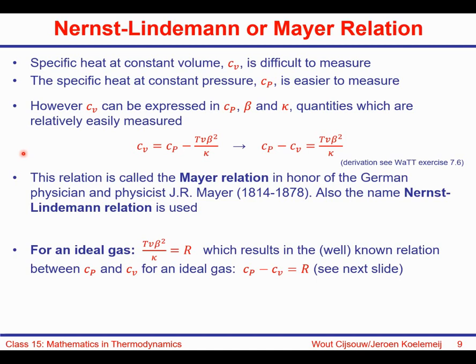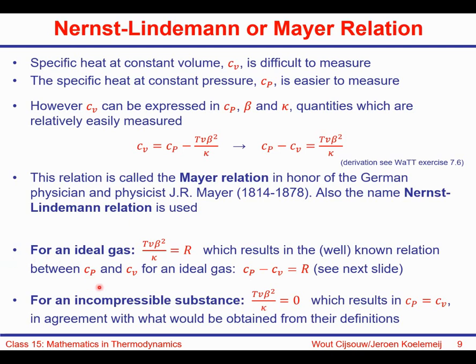Now you can also show that for an ideal gas, this quantity here simplifies to the gas constant R, and this gives a relatively well-known relation between Cp and Cv, which we also saw early on in this video lecture, namely that Cp minus Cv equals the gas constant.